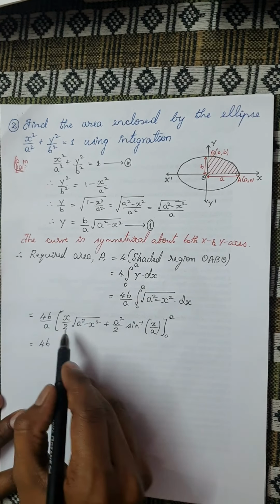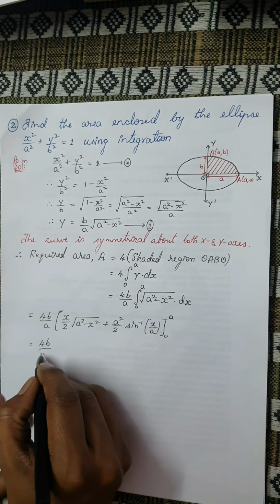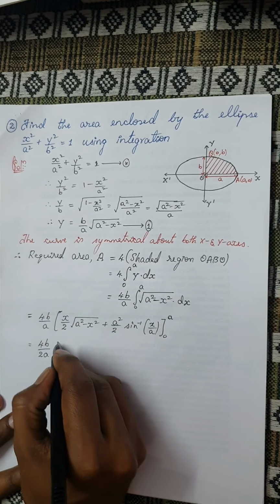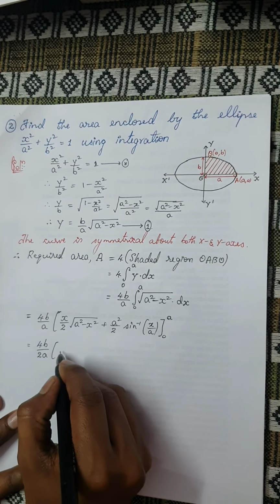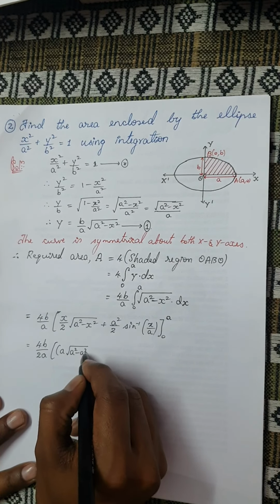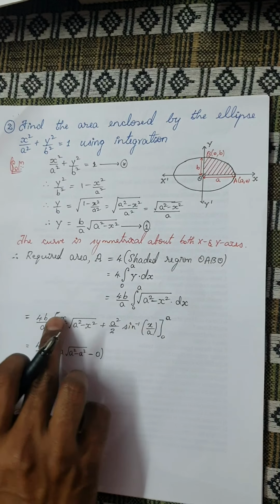Now 2 is common in both the denominators, so I can keep it outside. Let me write it as 4b divided by 2a. Applying the upper limit, I'll get a into root of a square minus a square, minus 0 into anything, which is 0.